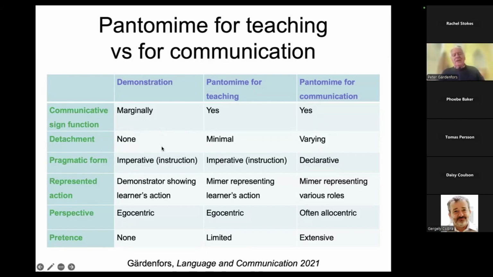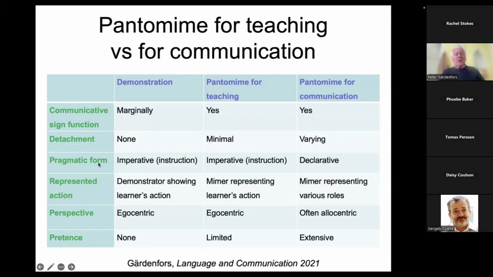In pantomime for teaching, you do the actions, but you may not have the tool in your hand, or there may be other factors missing. But if you go to pantomime for communication, then there is a lot of detachment. You can tell a story about what was happening a long time ago, and so on.